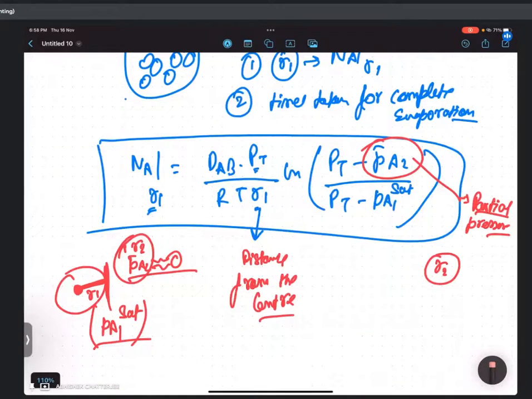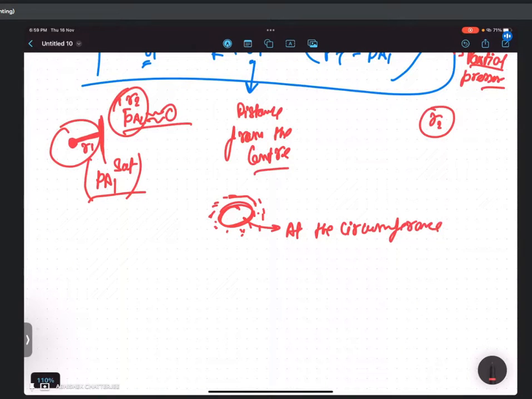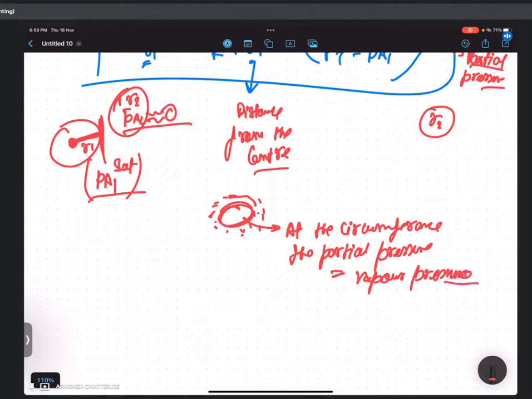Okay, this concept is clear now. What I'm saying is, suppose this naphthalene ball starts diffusing. Just at the circumference of this ball, the partial pressure of the naphthalene vapors will be equal to the vapor pressure, because there it is present in very high concentration.